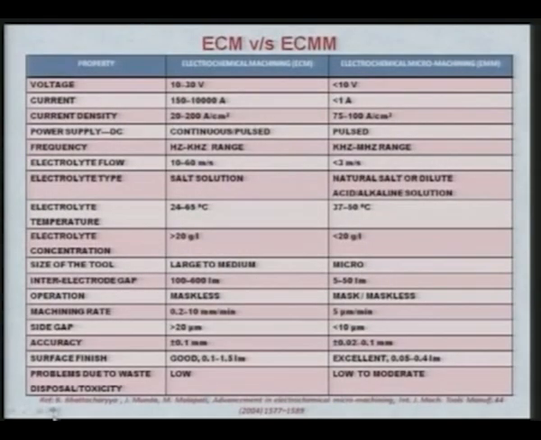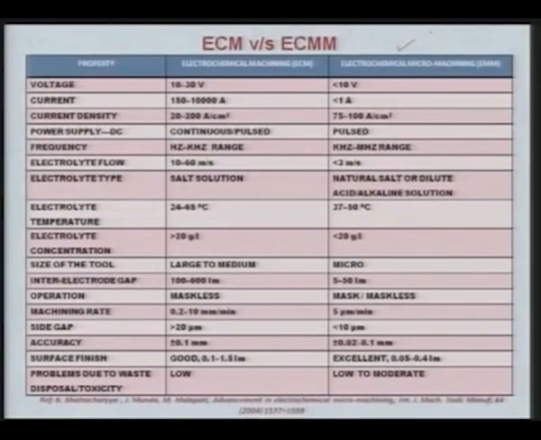Here is some comparison between electrochemical machining and electrochemical micromachining as far as machining parameters are concerned. The voltage normally taken is less than 10 volt in case of electrochemical micromachining, while in electrochemical machining you use 10 to 30 volt. The current in micromachining is less than 1 ampere, while in macro machining you can go as high as 40,000 amperes.